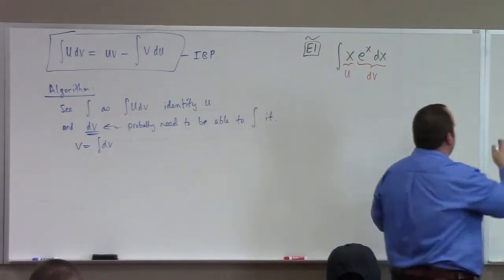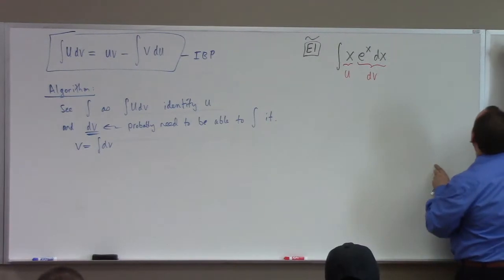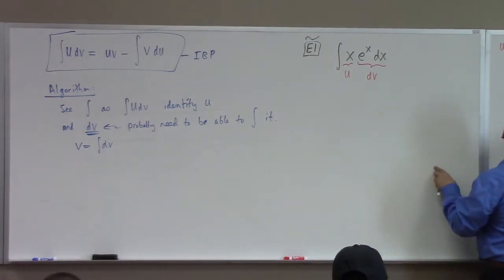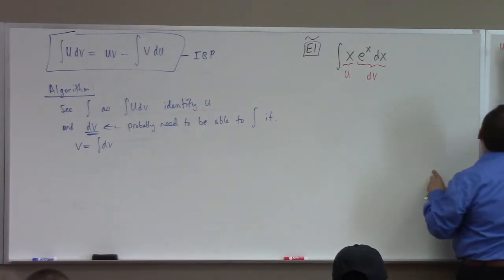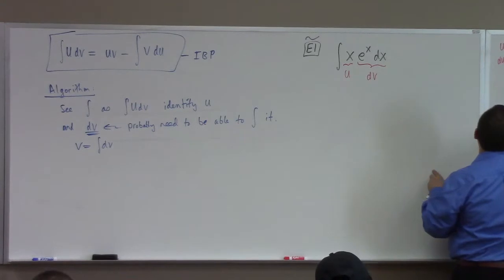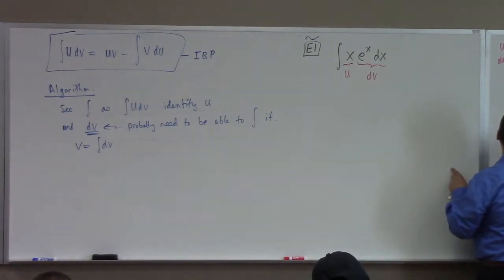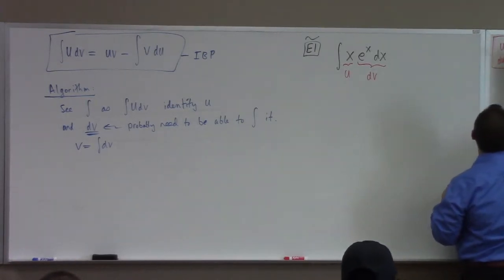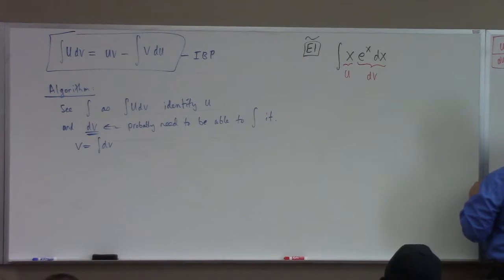And I usually like to write my choices off to the side. So u equals x, and dv is equal to e to the x dx. If u is equal to x, then du is dx, right? And if dv is equal to e to the x dx, that means v is what? e to the x, very good, yeah.